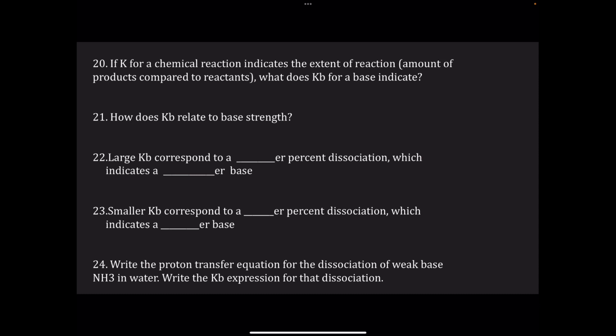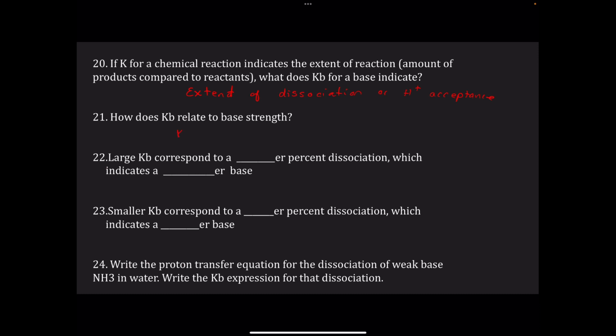Just like we talked about with acids, where we said Ka was going to indicate the extent of acid dissociation, here this would again be the extent of dissociation, or we could talk about the rate of proton acceptance. Whether we're talking about dissociation in water or the ability to accept hydrogens, that is going to be our strength.